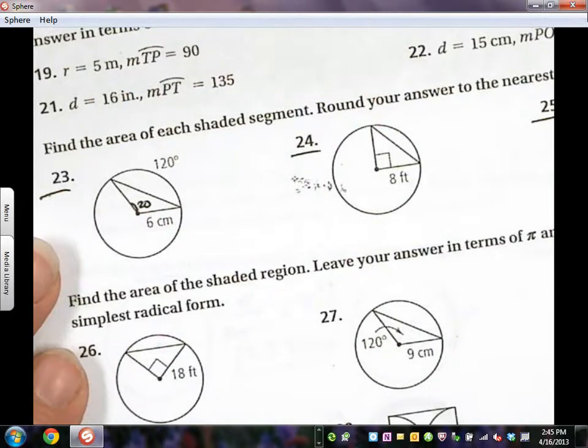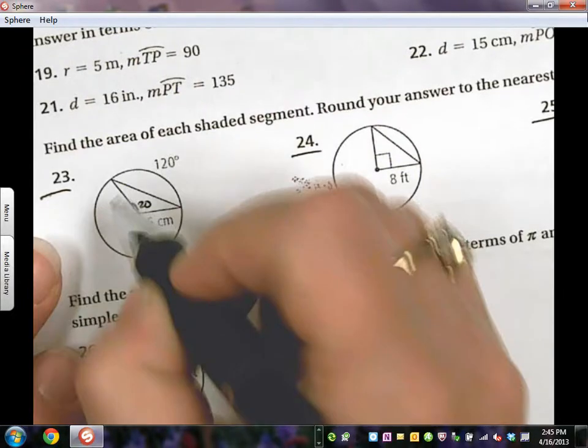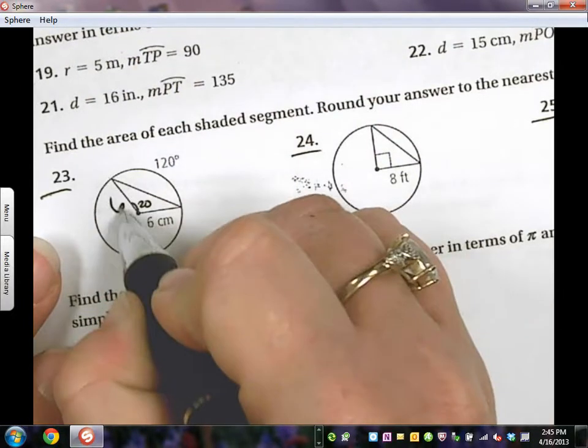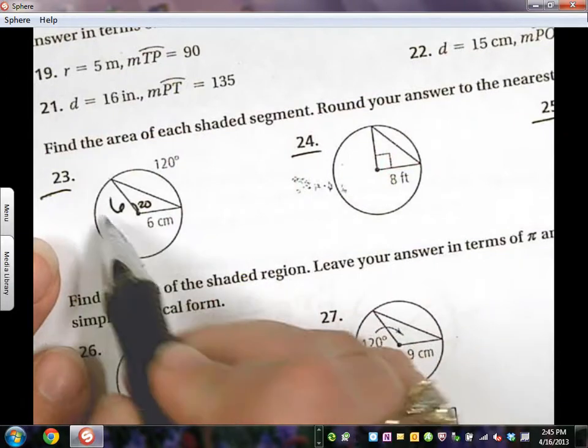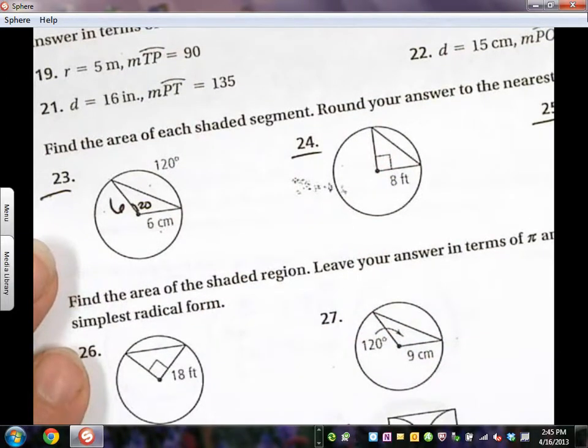And in order to find the height, I know that these are both radius, so this is 6 as well. This is an isosceles triangle. So 6, 6, what does this have to be? How am I going to do that one? That you guys know how to do. That's the question I'm asking myself.